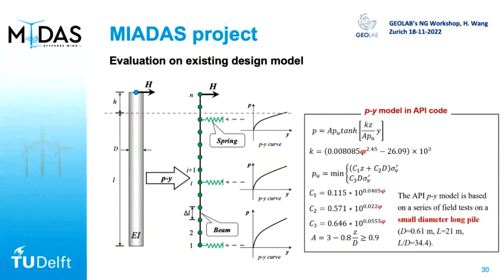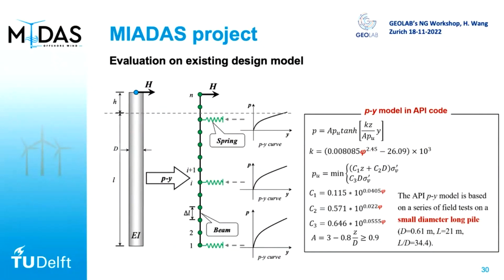Okay, so what we are going to do with all the data we have here, I just show you some results we have and just give you a taste. First, what we can do is, okay, we have design guidelines, we have existing design models for the monopiles, and the most widely used method basically is to simplify the pile as a beam, and you simplify the soil as springs.